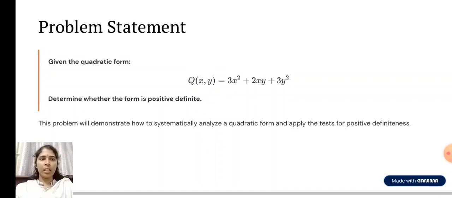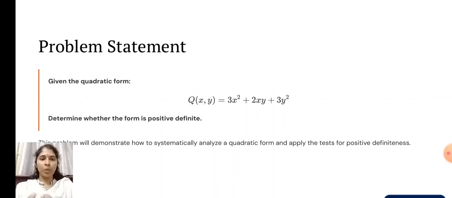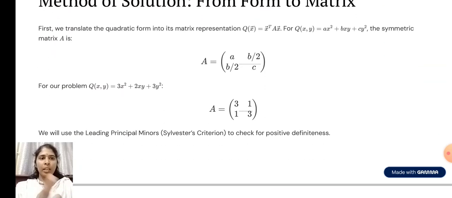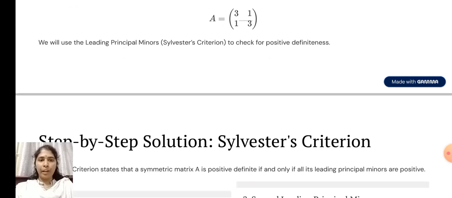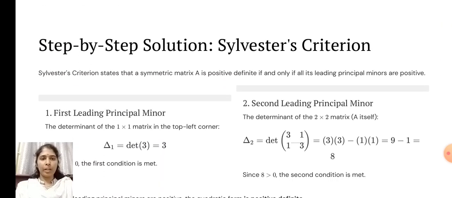Similarly here we have 3x square plus 2xy plus 3y square. Here the a value is 3, b value is 2 and c value is 3. On applying it in the above conversion, we get A equal to [3 1; 1 3], which will be used to find the quadratic nature.